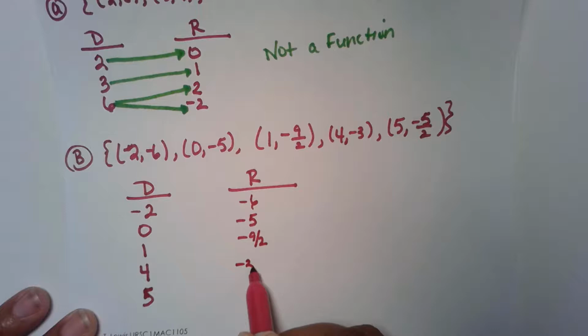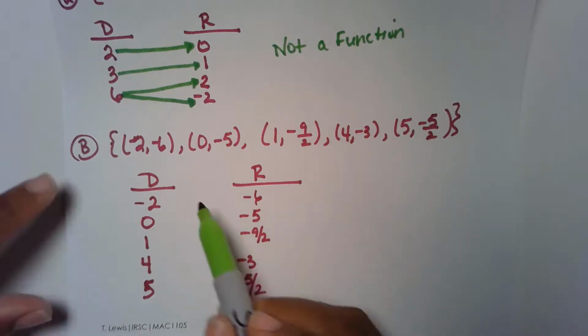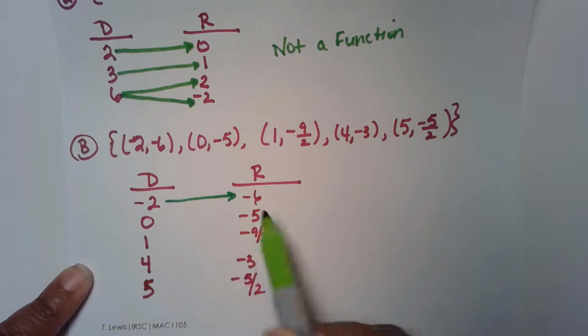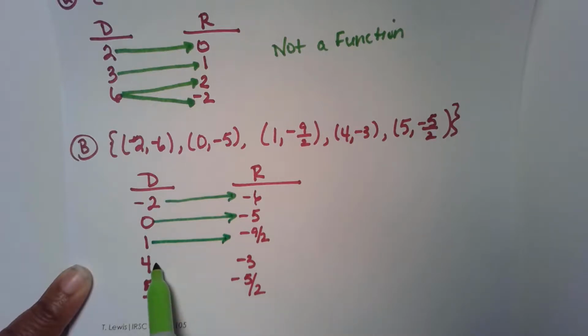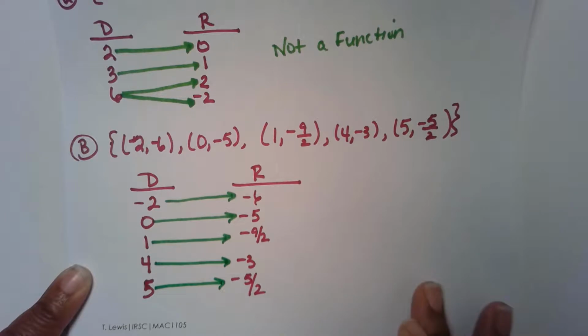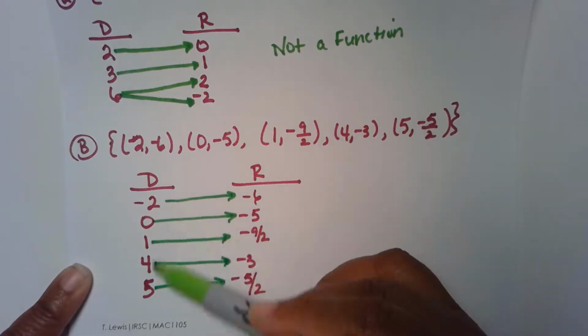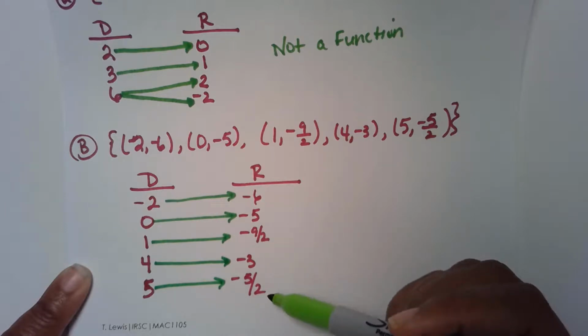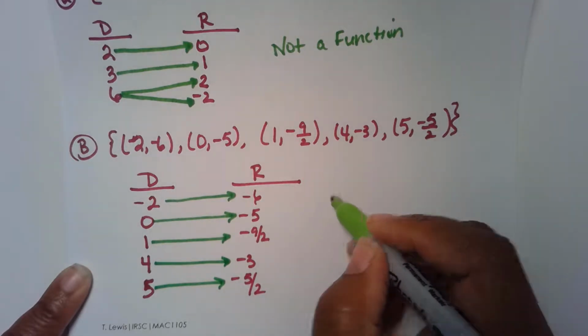And then we're going to map. -2 pairs with -6, 0 pairs with -5, 1 pairs with -9/2, 4 pairs with -3, and then 5 pairs with -5/2. So your x value is being paired with exactly 1 value. Therefore, this is a function.